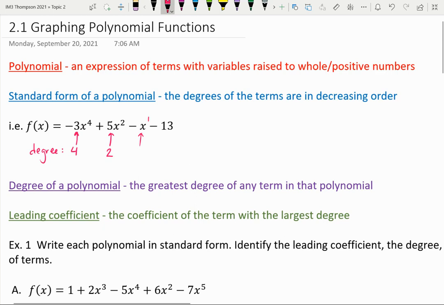So I would call this a degree 1 term. And on the constant here, minus 13, that has no variable. So we say that that's degree 0.